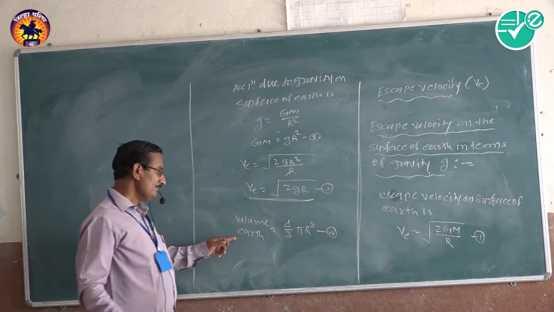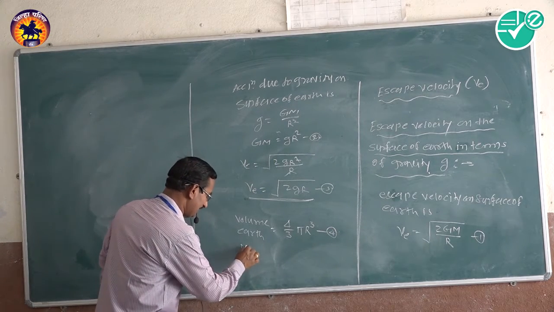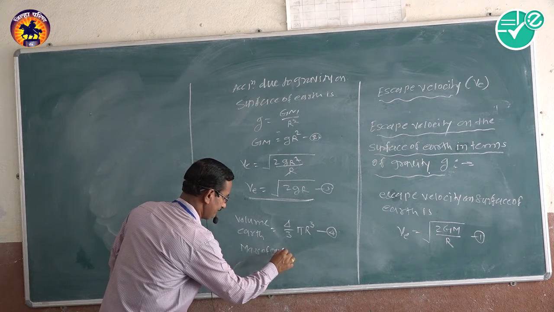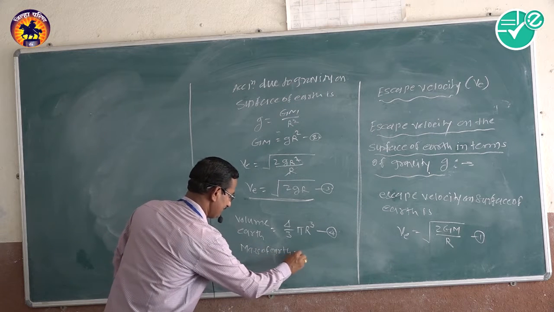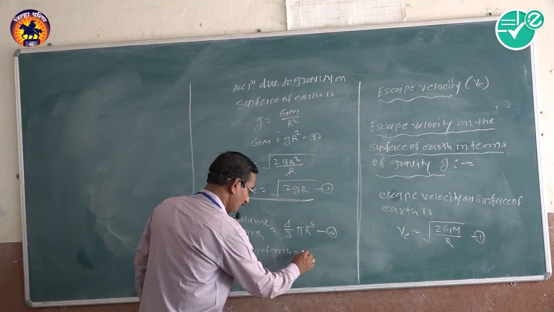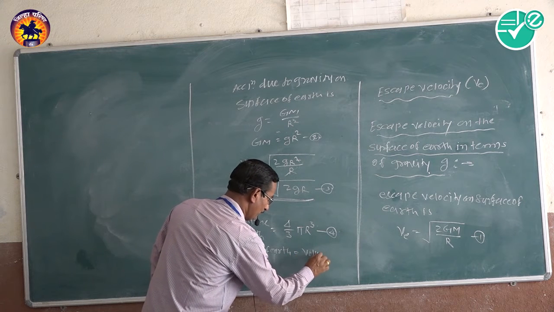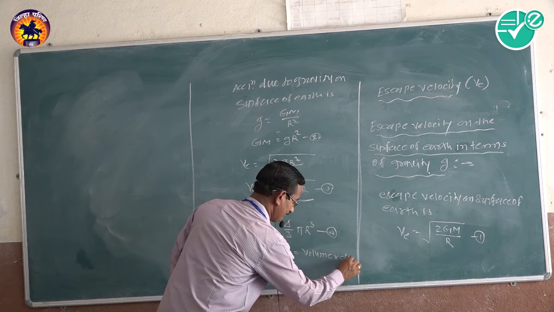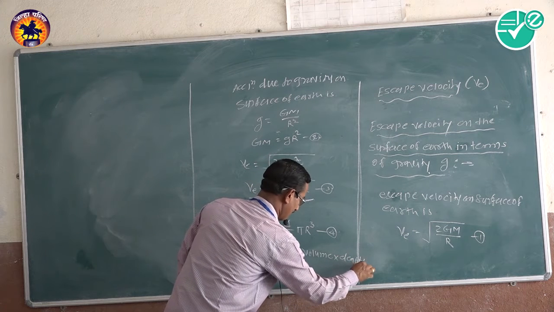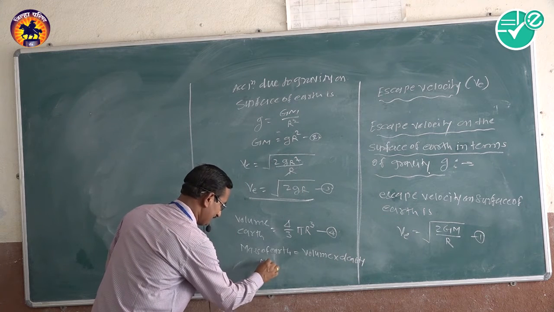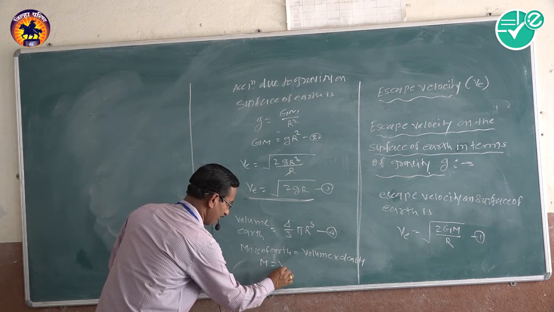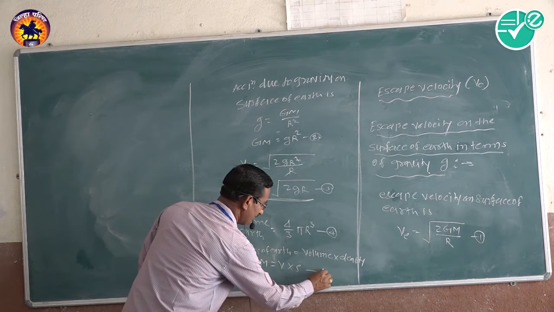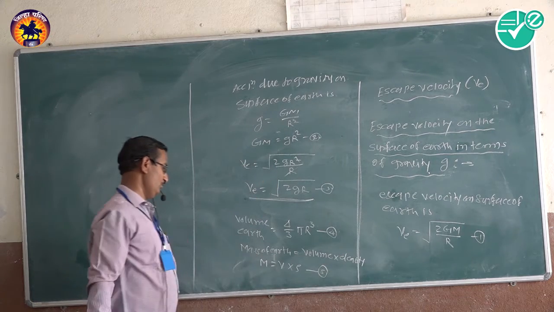Then we have to also know the mass of Earth, that is equal to volume of Earth into density, that is mass, which is denoted by capital M, volume denoted by V, and density, which is denoted by rho.